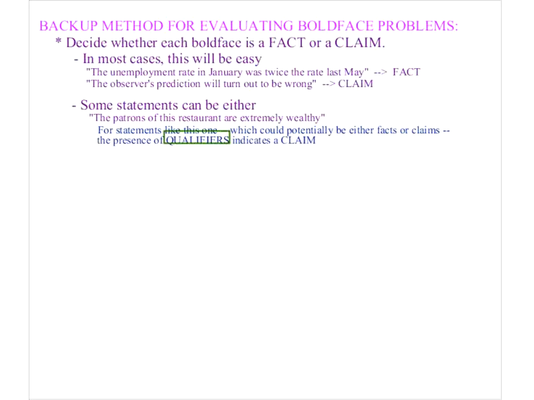Examples of qualifiers include clearly, or certainly, or must be, or probably. Anything using qualifiers like this has to be a claim, because if it were just factual, then you wouldn't need the qualifiers.